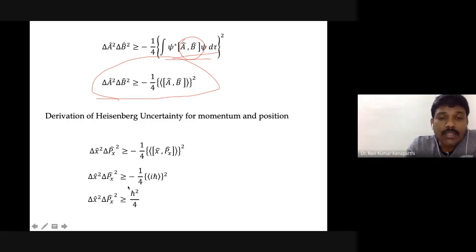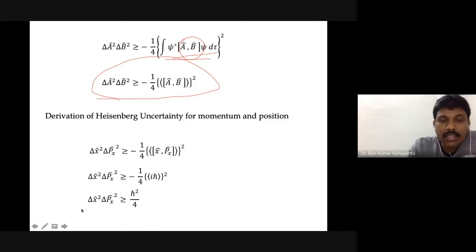Now this is the expectation value of i h cross, so it is just a number, the Planck constant, and when you square it, it is again a number. So there is no meaning in writing the expectation value notation. You can simplify it, and it is going to be i square, and i square is minus 1, so there is already a minus 1 here. So the minus 1s cancel out, and we have h cross square upon 4 on the right hand side.